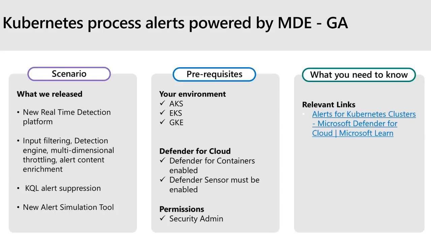So all the critical events that indicate any potential security threat or suspicious operations, be it by service accounts or exposure of services, will be captured by the sensor and that will trigger an alert.